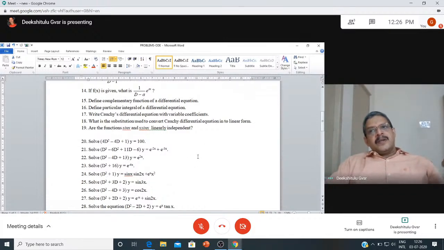One thing. In the process of conversion, what is x dy by dx in Cauchy's equation equal to? dy by dt. There is a general form: x power n d^n y by dx^n is equal to D into D minus 1 into D minus 2 and so on. The general term is there. Like that, you can ask 4 or 5 questions from a single problem.